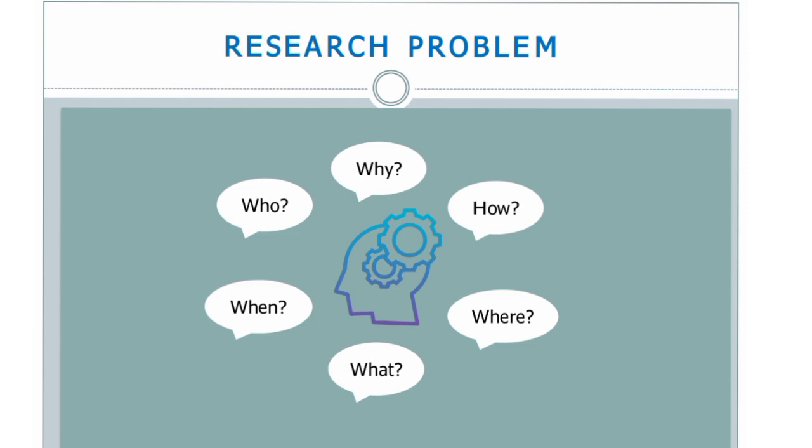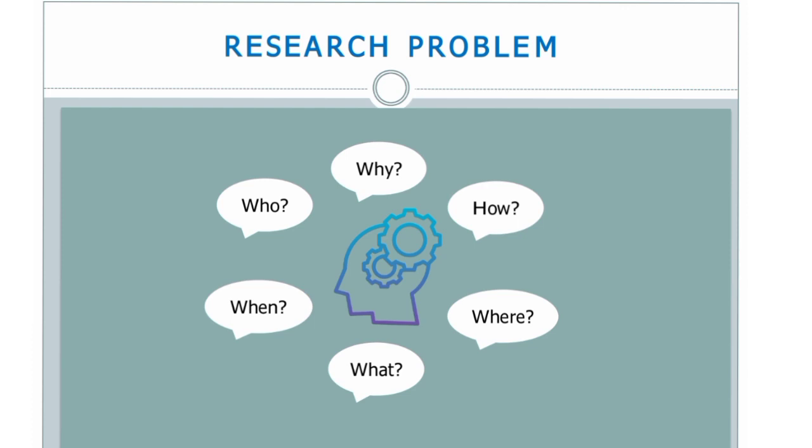And next one is what. What means the optimum action that is to be taken in solving the problem to attain the best results. So what action must we undertake for this particular type of problem? Next one is when. When means the time frame in which the problem must be solved.